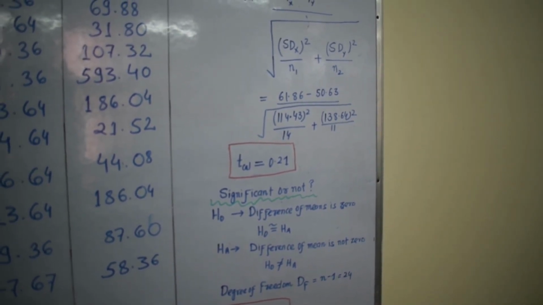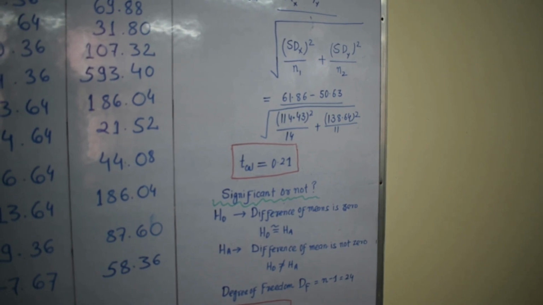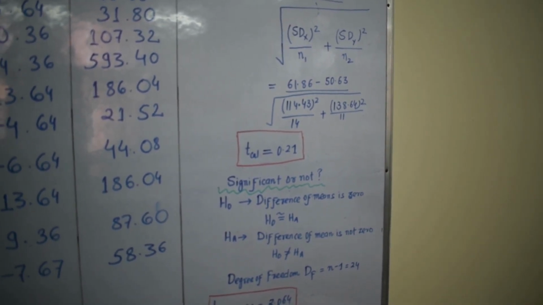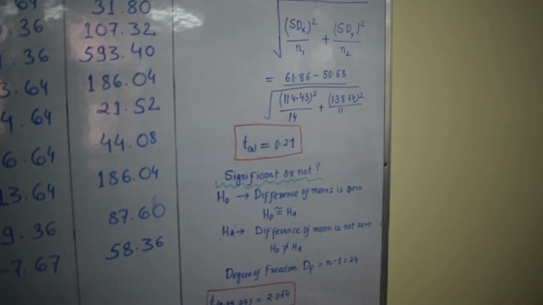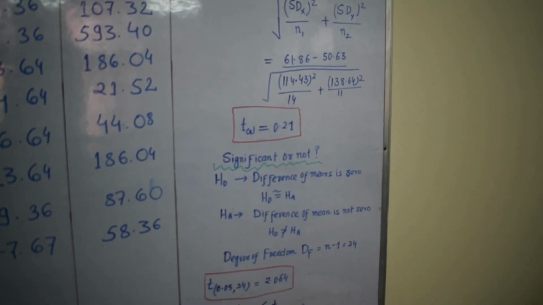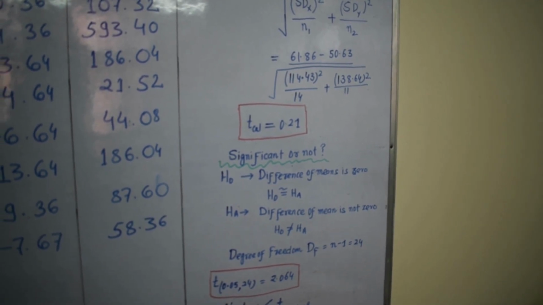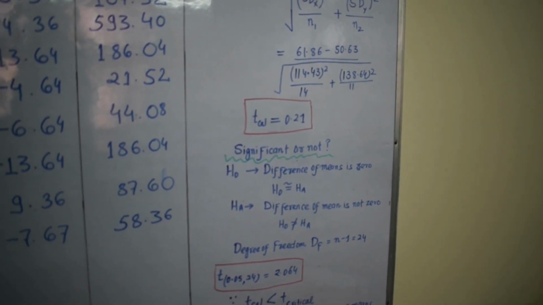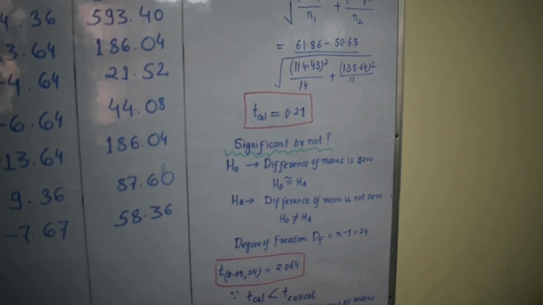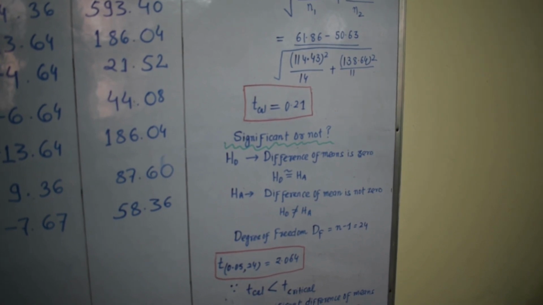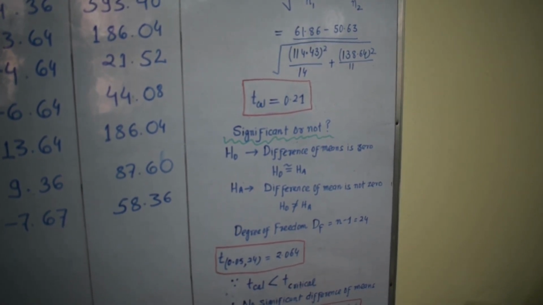Now after the t-test calculation we ask whether these are significant or not, right? In the first instance we state that there is no significant variation between the means of girls' and boys' weight, so the null hypothesis is true. The other way around can also be true, that is the alternate hypothesis, that there is a significant variation between girls' and boys' weight.